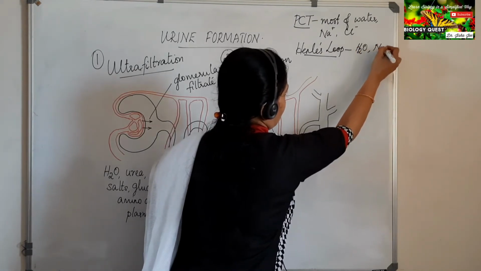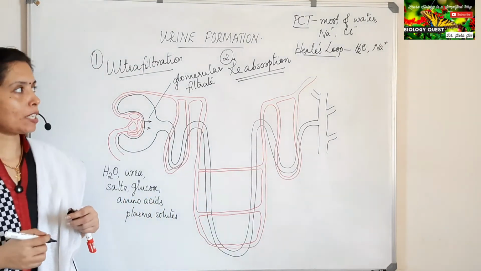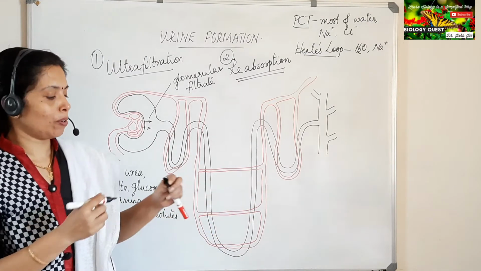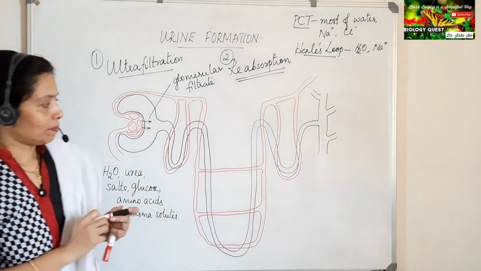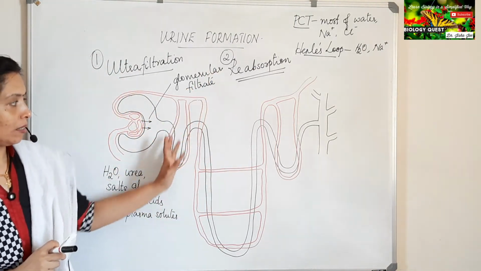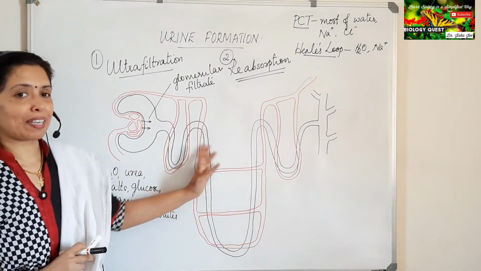Along with water, sodium ions will also be reabsorbed. Okay, so now the filtrate has reached the loop of Henle. And how does this reabsorption take place? We know the secondary capillary network is present throughout the renal tubules.